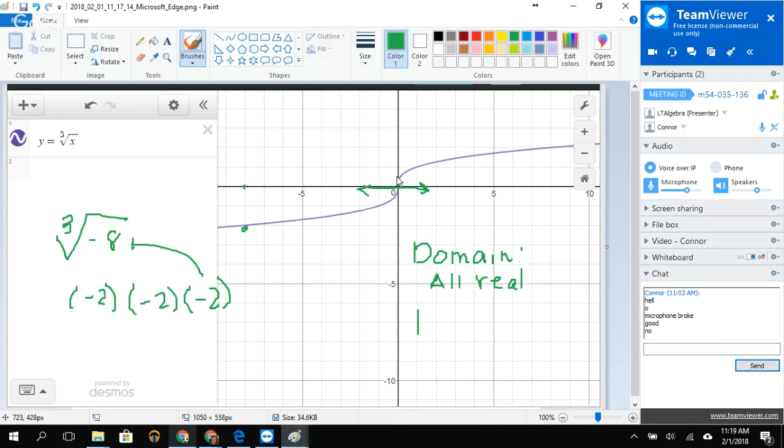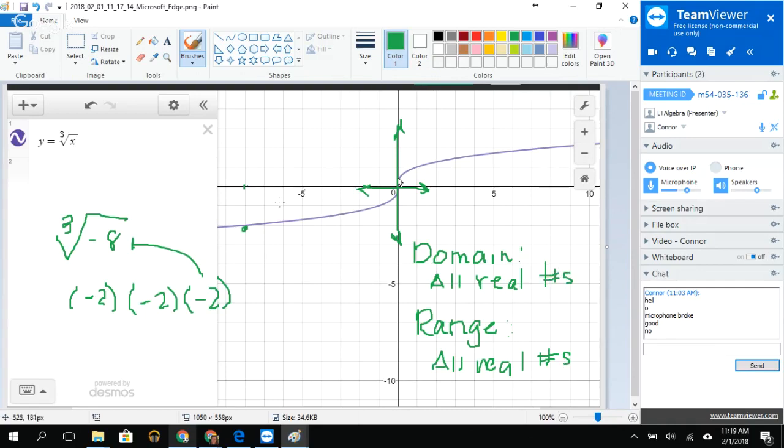And what about my range? My range is my y's, right? And this way. So that also is all real numbers.